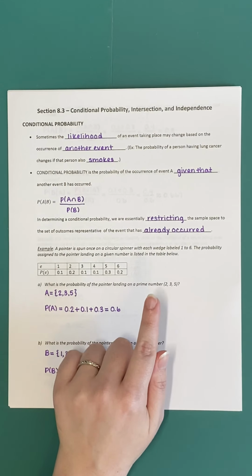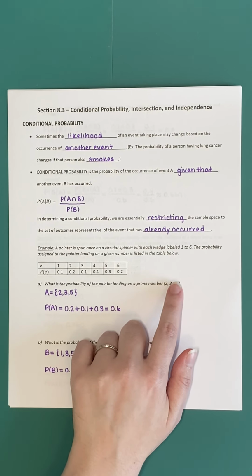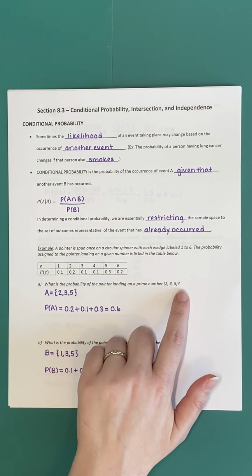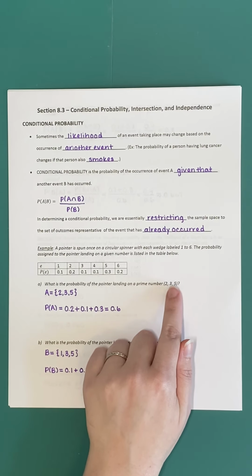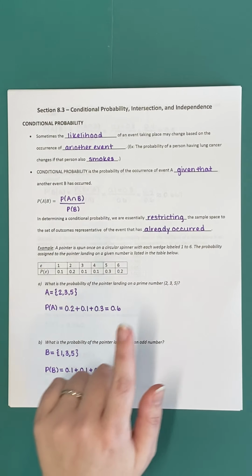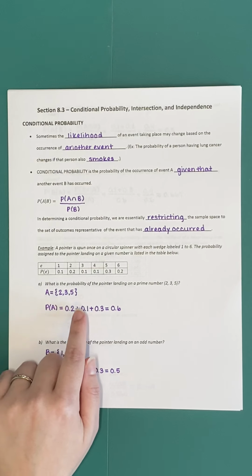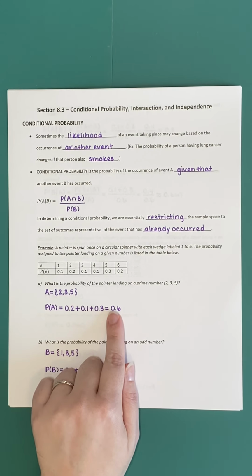So if we spin one time, we could land on a 2 or a 3 or a 5, but not all 3 at the same time. That means if we want the probability of these 3 as a union, then we can just sum up their individual probabilities. So that would be 0.2 plus 0.1 plus 0.3, which is 0.6.